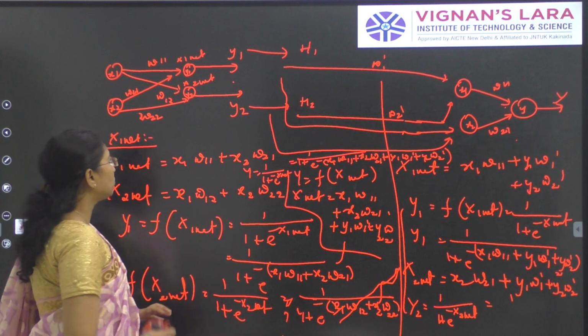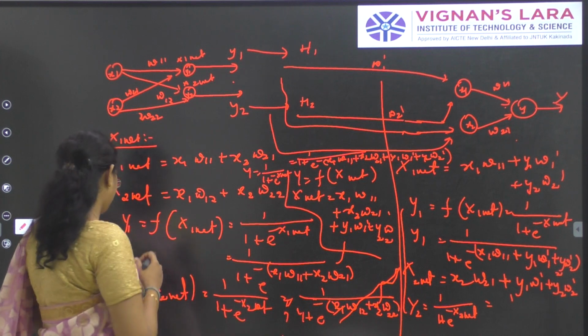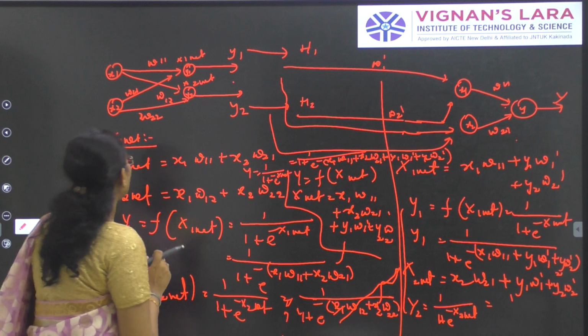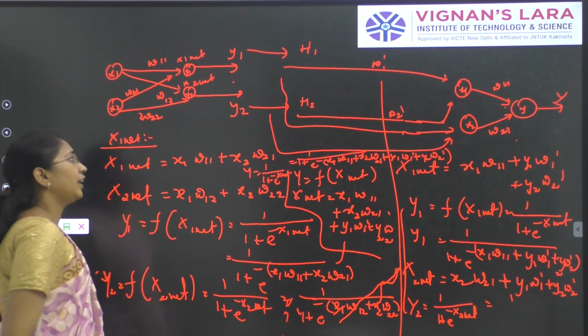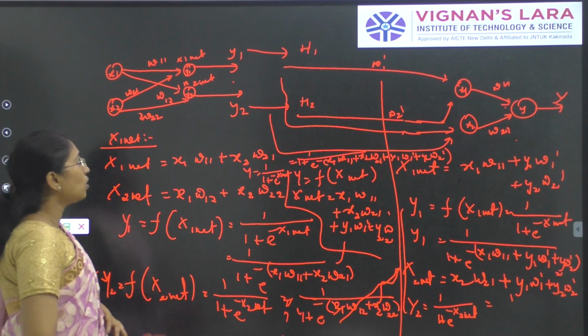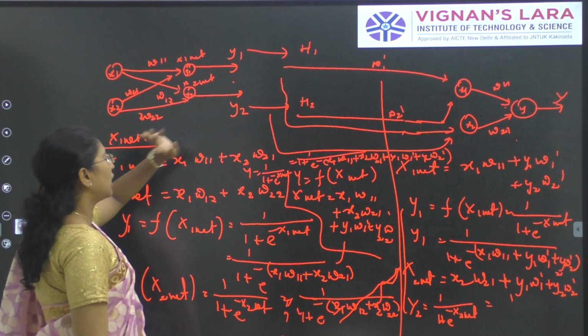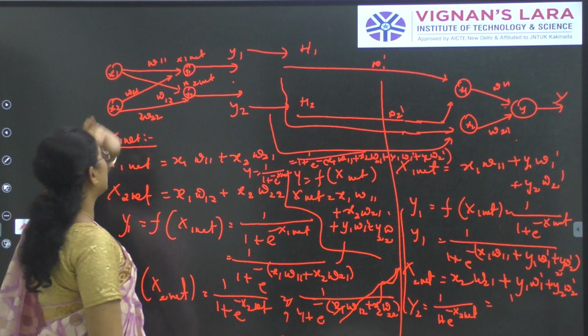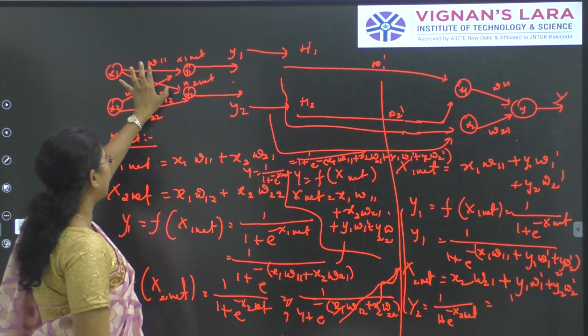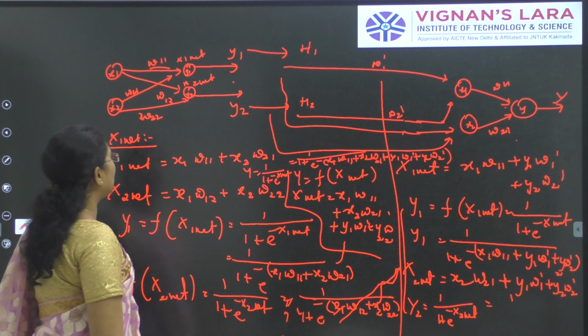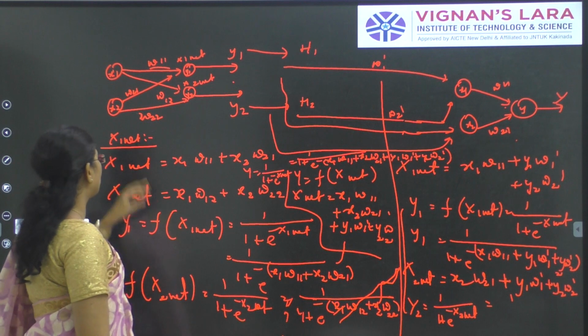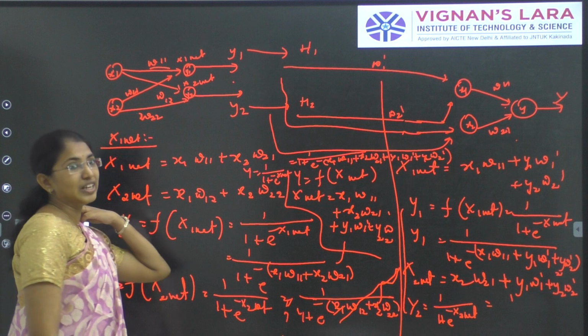So this is how it works. Let us again see the network. Here we have two inputs x1 and x2 and two outputs y1 and y2. x1 is sent with a weight of w11. x1 is also sent as one of the inputs through a weight of w12 to y2.